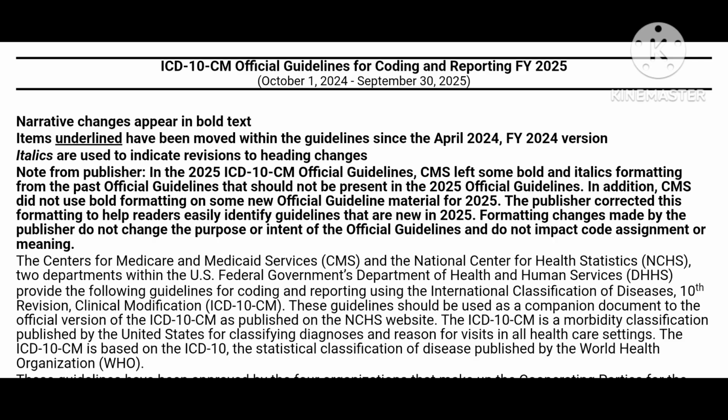For example, if the codes are starting with A, it is always from infectious diseases. So if you are trying to find a code for diseases caused by infections like bacterial, virus or fungal infections, you have to always check this letter A series. Even the B series also belongs to infections. Like that, they have categorized the codes in this ICD textbook.